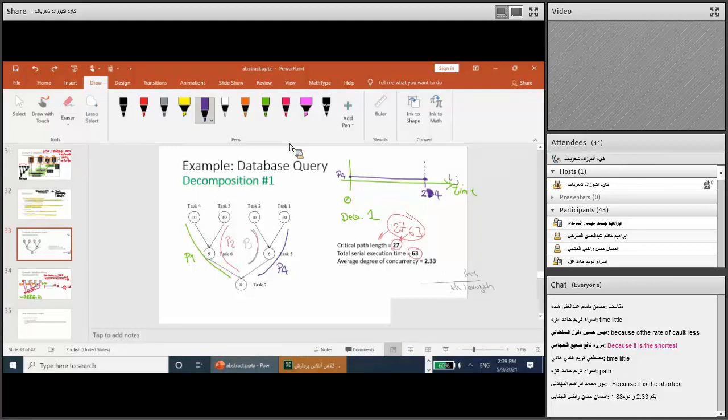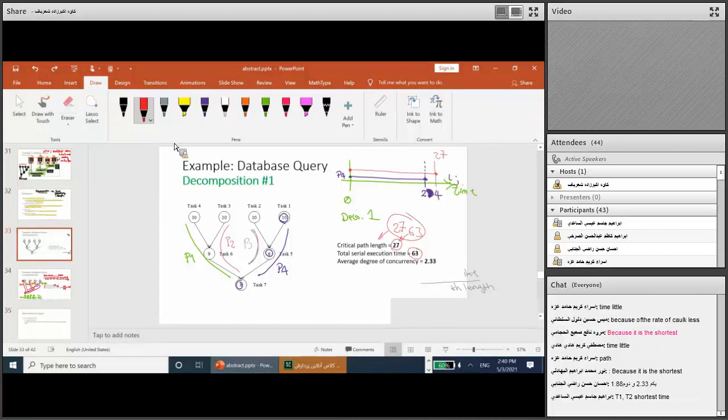Path 4 starts at 0 and ends at 24, 10 plus 6 plus 8. Path 2 starts at 0 and ends at 27. Path 3 starts at 0 and ends at 24.